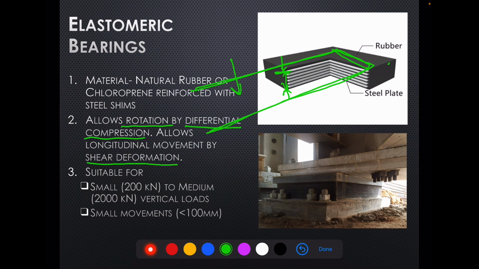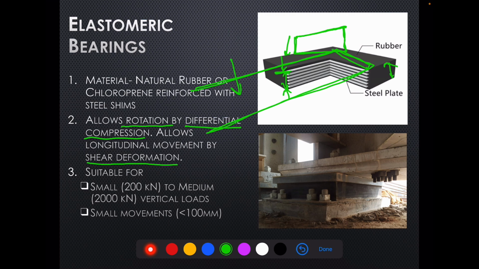However, at this end it remains the same. So this is how a kind of slope gets created where the depth of the girder at one side is lesser than the other side, and this is how the girder deflects.